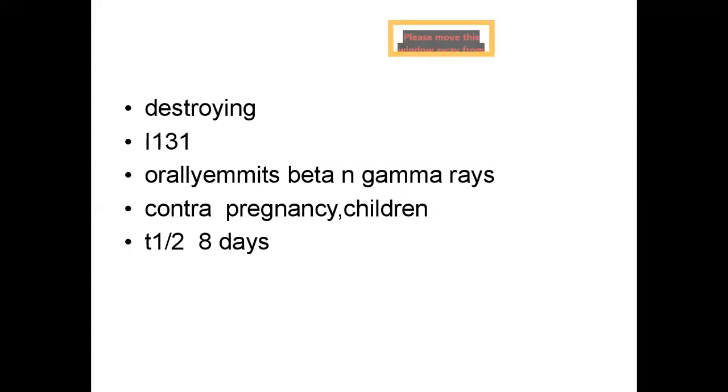It is given orally. Its half-life is 8 days. It emits beta and gamma rays. Beta rays will destroy the thyroid follicular cells. So radioactive iodine is contraindicated in pregnancy as well as children due to toxic manifestations.